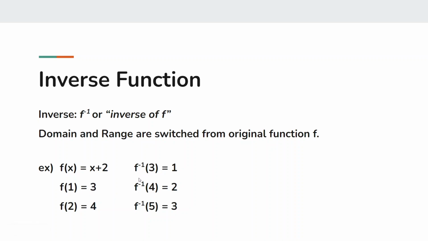So it becomes f inverse of 3 is equal to 1, f inverse of 4 is equal to 2, and so on. To generalize this pattern, the inverse of f can be written as x minus 2.